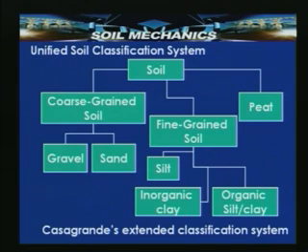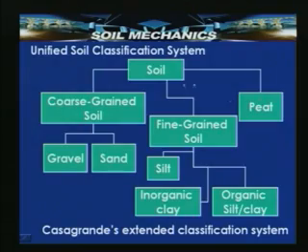So, Casagrande's extended soil classification system says that soil is predominantly divided into coarse grained soil, fine grained soil and peat soil. Coarse grained soil is further divided into gravel and sand, and fine grained soil is further divided into silt, inorganic clay, organic silt and organic clay.